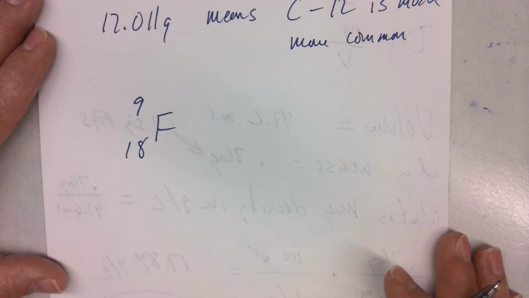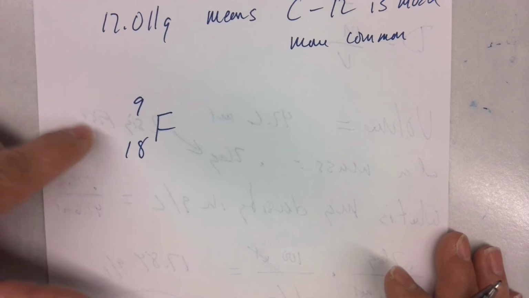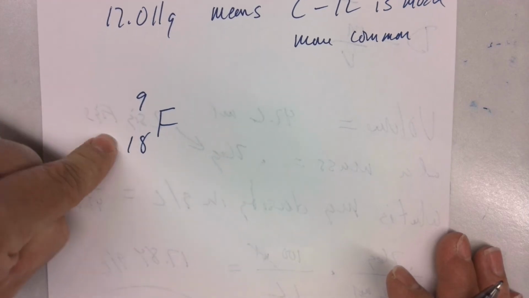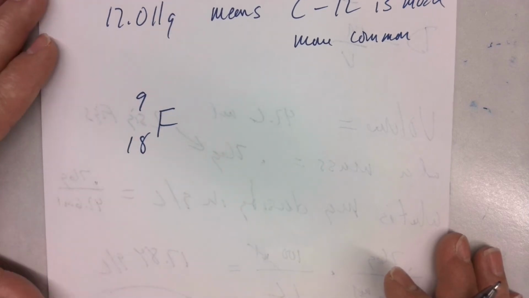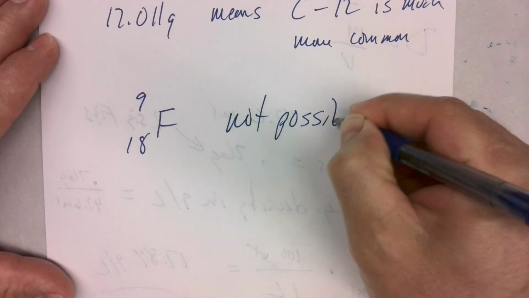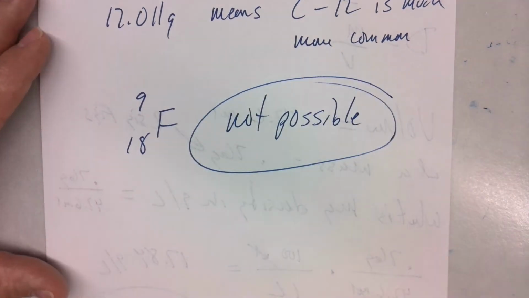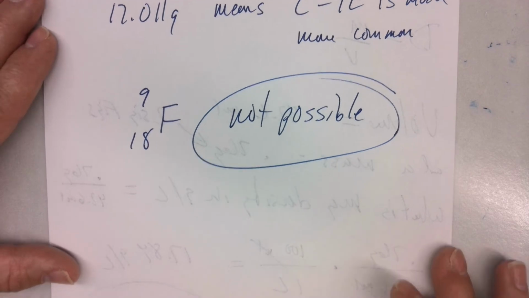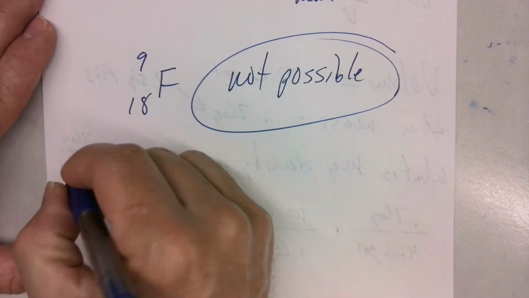Nobody? The 9's supposed to be on the bottom. Yeah, but if I wrote it this way, what would you say? That's wrong. Yeah, this is not possible. Not possible. Okay?